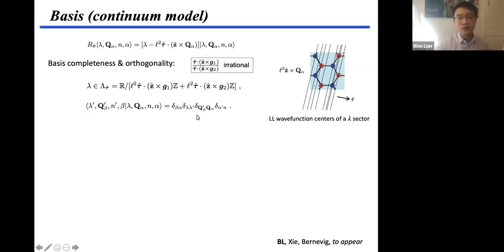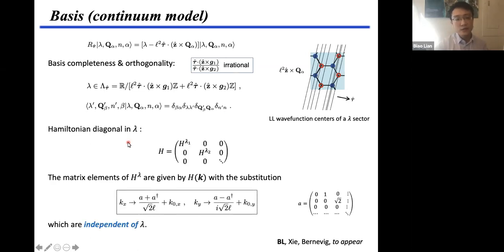The first thing is that this defines the completeness of the basis. And the second nice thing about this basis is that one could find that the Hamiltonian is diagonal in this lambda basis. So one only needs to calculate the spectrum for just one lambda sector.